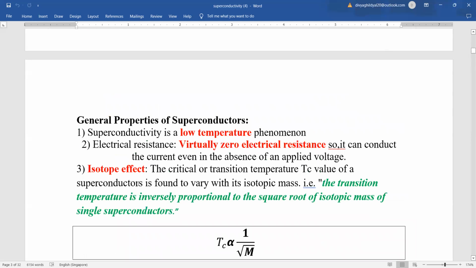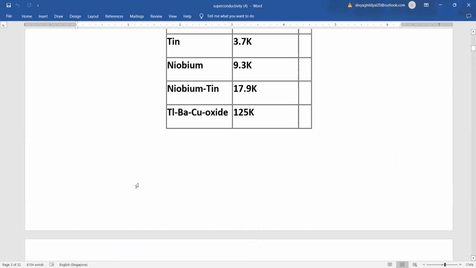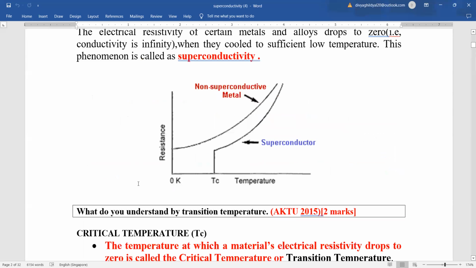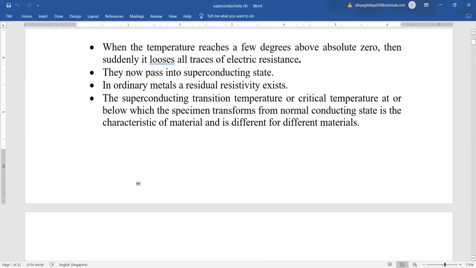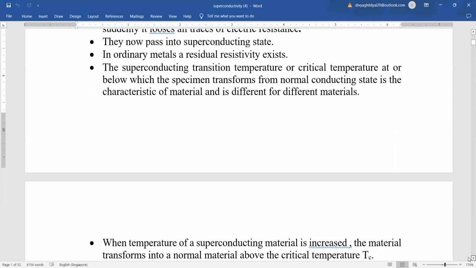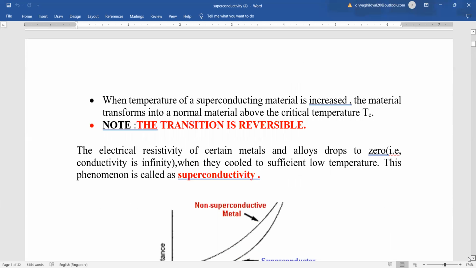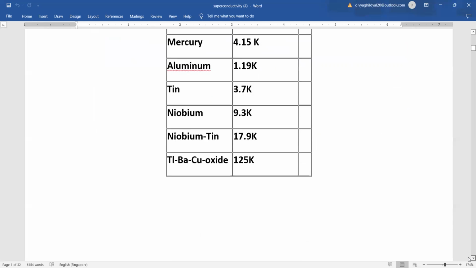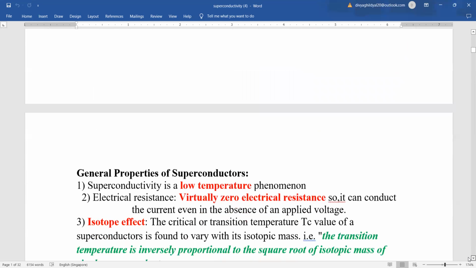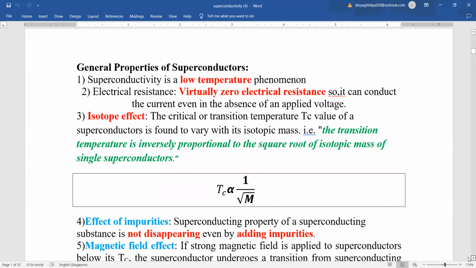So what is most important here? The transition temperature, below or above which the effect changes, and it is a low temperature phenomenon. The resistance becomes almost zero, and the behavior of elements changes at the critical point.